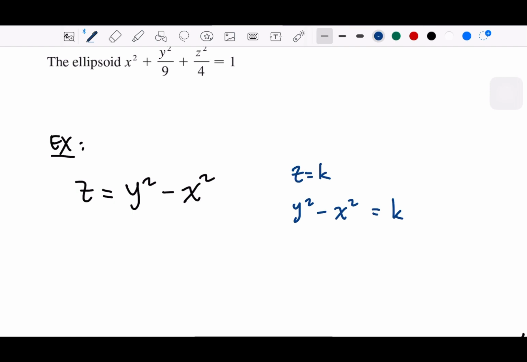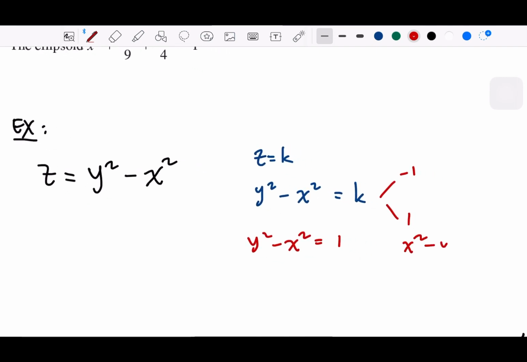So we can have both. Let's assume this would be 1 and -1. So we can have a normal hyperbola, or if it's equal to -1, we get x squared minus y squared equal 1, right? So we can have both hyperbolas.